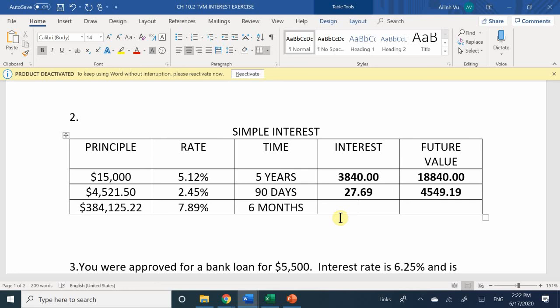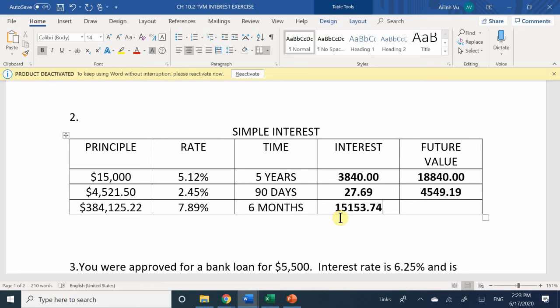Got $15,100.74. Sorry, you cut off 15. 15,153.74. Okay, now let's wait for the other students.